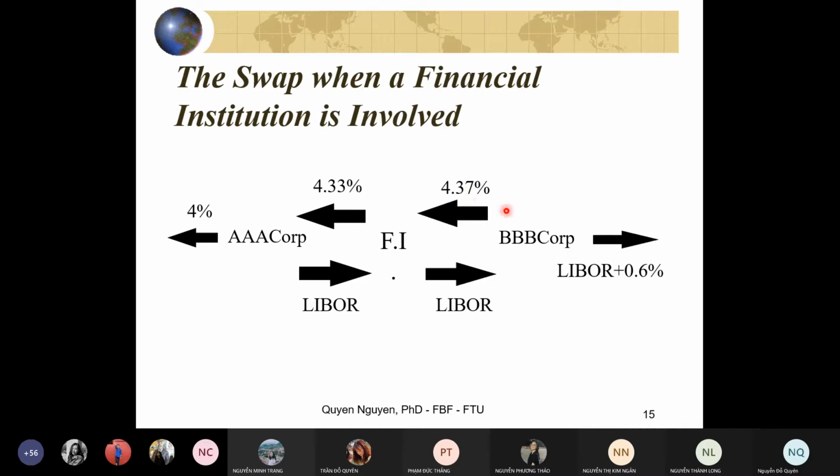So basically, before we divide the difference between the fixed and the floating rate, now we will minus some commission for the financial institution, and then we will divide it into two, and we deduct it from the rate at which AAA or BBB wants to end up as the result of the swap contract. So basically, you understand the mechanism of how we would establish the comparative advantage argument.